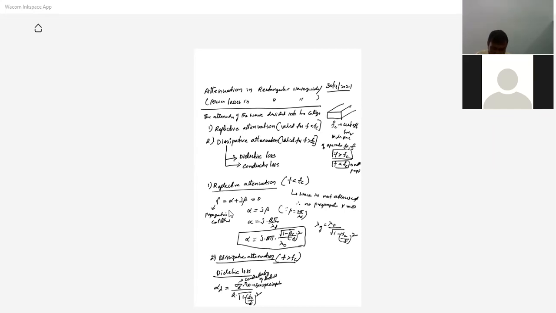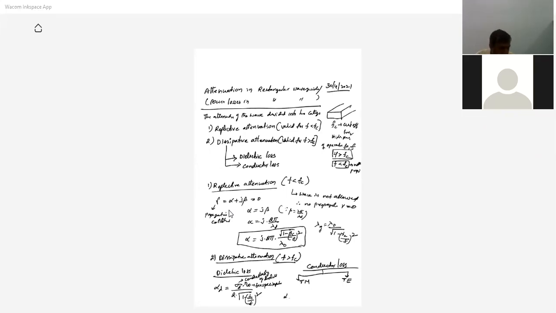You please see. The second one is the conductor loss. For conductor loss, we have two cases, the TM mode and the TE mode. This equation you can also remember.